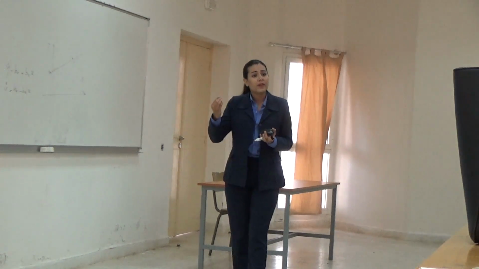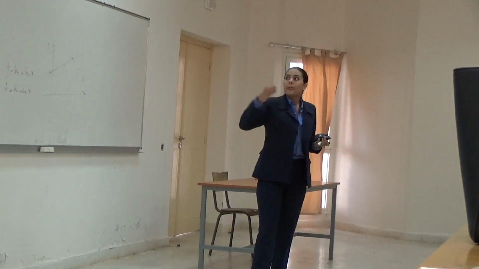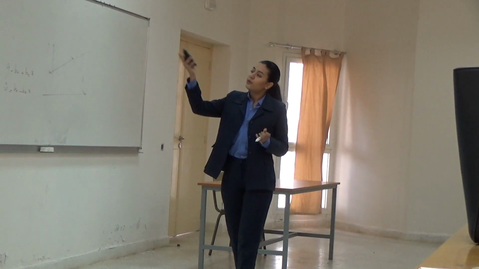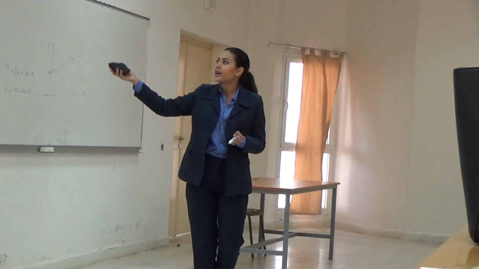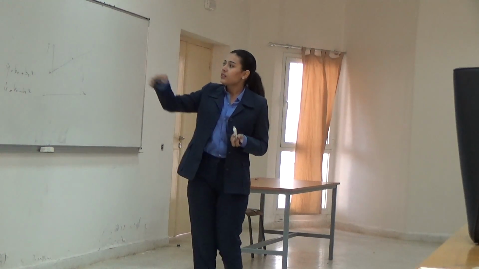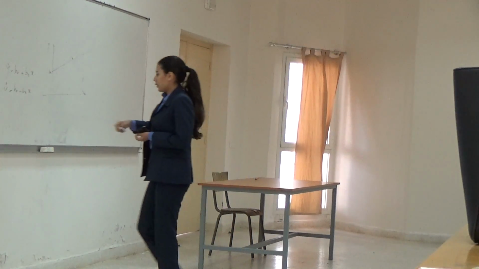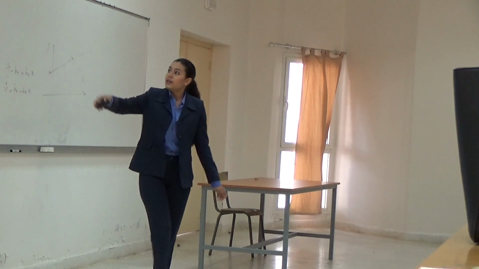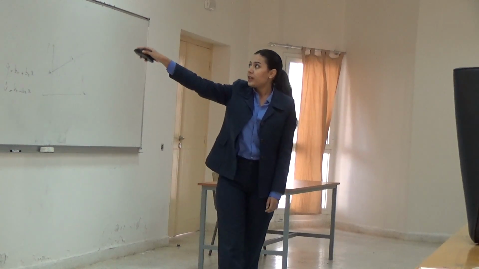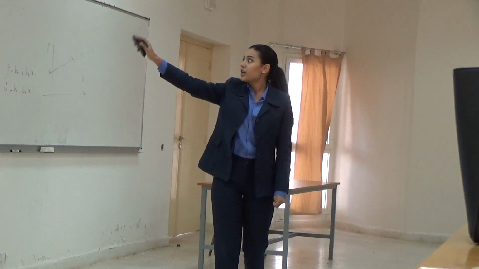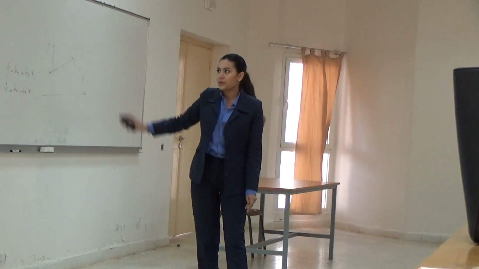So how can we find B0 and B1 from the least squares? We have here some values of x and y. We're going to find the mean, which is 3 for the x variable and 4 for the y variable.